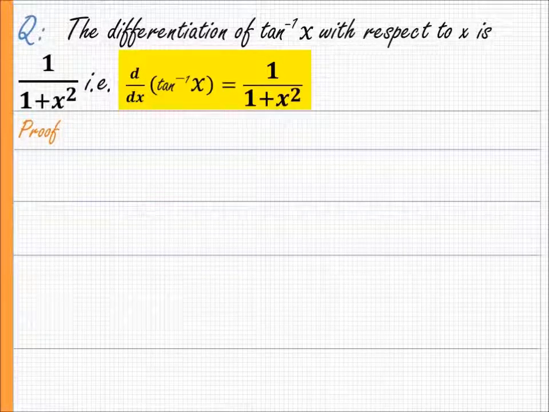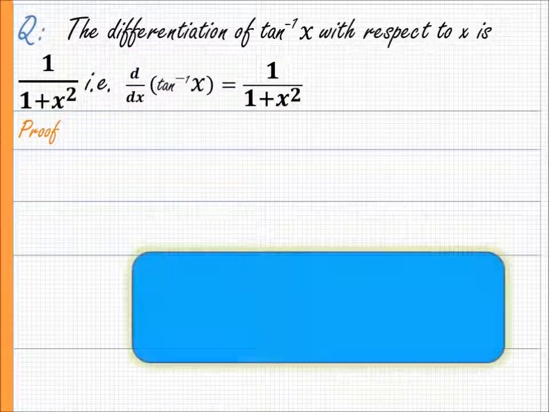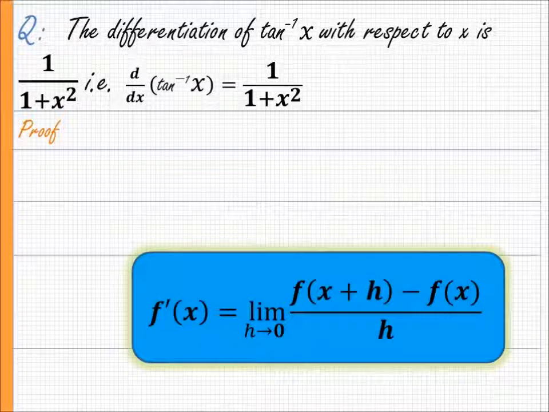And again, the differential coefficient of any function f of x is given by the derivative of f of x with respect to x equal to limit h approaches 0, f of x plus h minus f of x divided by h.